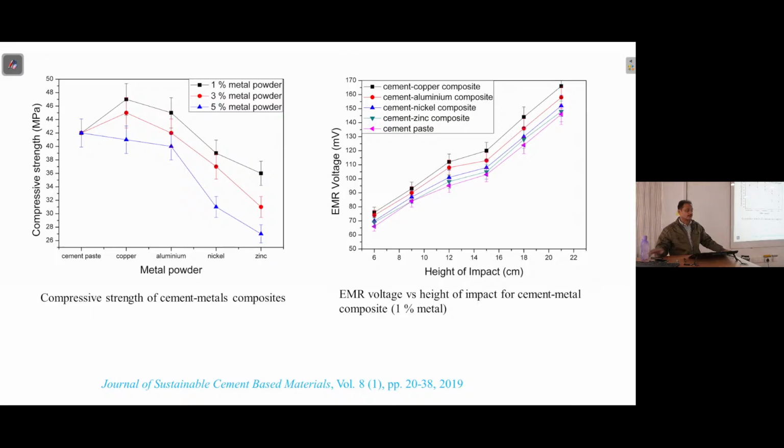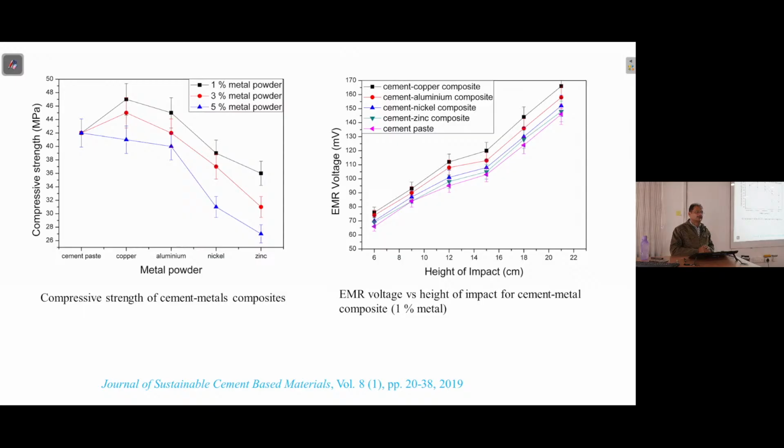Then here we have this compressive strength when metal powders are added. This was with the intent that if we add some metal powders, then we are likely to have higher signal. That was what we expected, for the reason that metals are conducting.